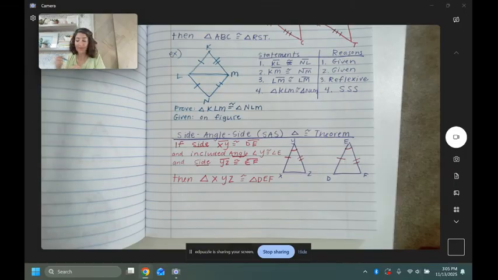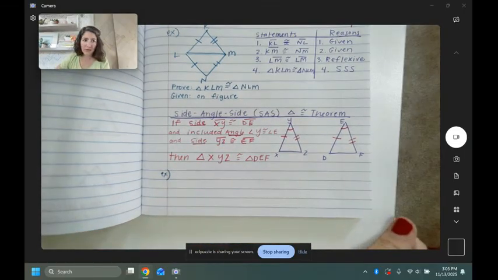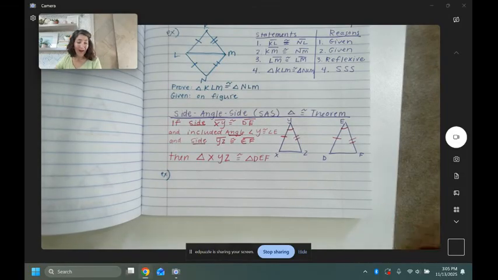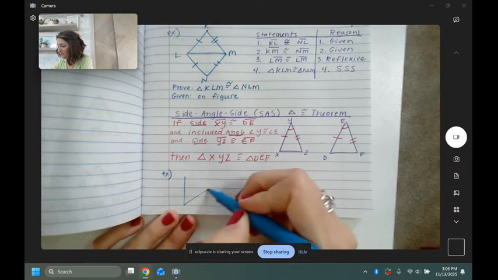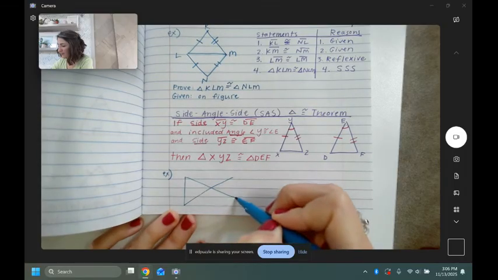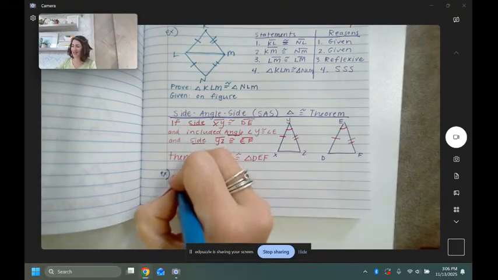All right, we've got room for just a very short proof down here. It's not too long, but practicing our proofs is important here. All right, say I've got something like this.